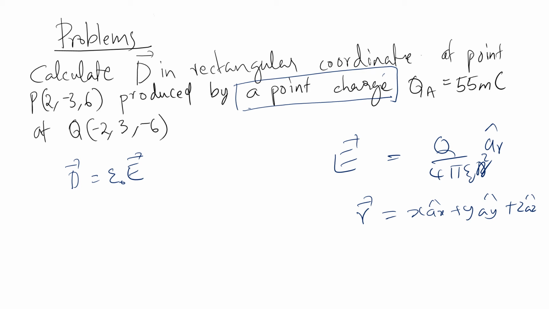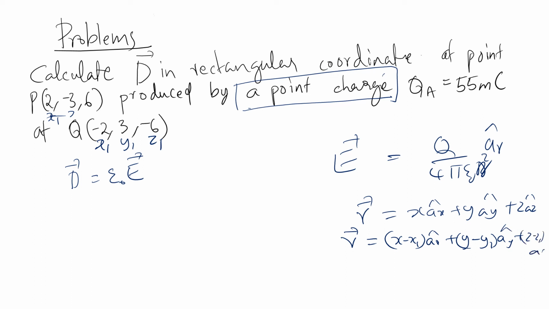But we have the charge given at a point P, right? So this is x1, y1, z1, so our r will be (x minus x1) ax cap plus (y minus y1) ay cap plus (z minus z1) az cap, right?